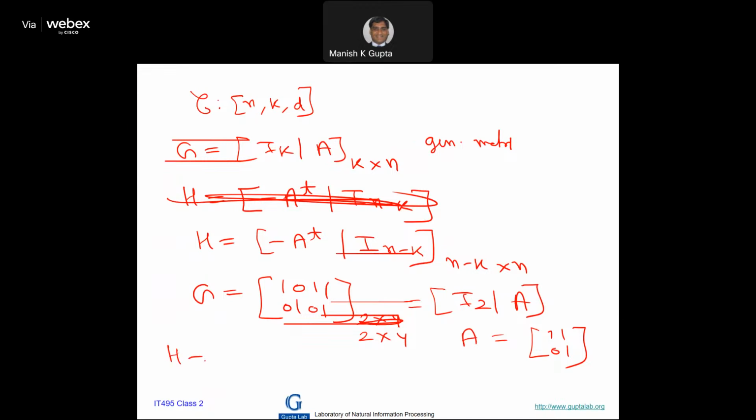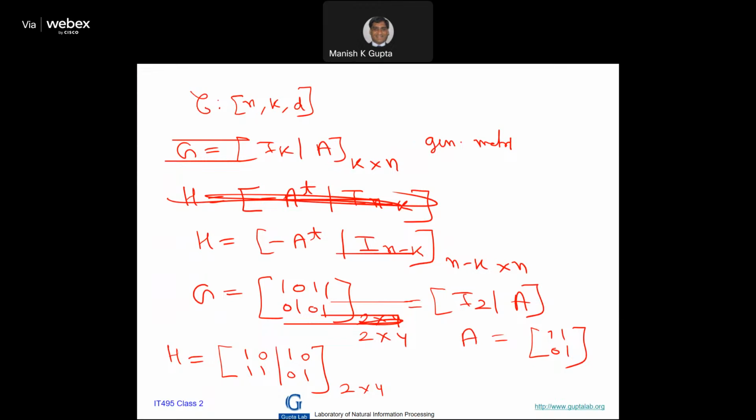H will be, in this case, minus A transpose, where minus is the same thing as plus modulo 2. So A transpose will be 10 and 11. Then H is minus A transpose followed by I2. This is our H matrix, 2 cross 4, n minus k cross n.